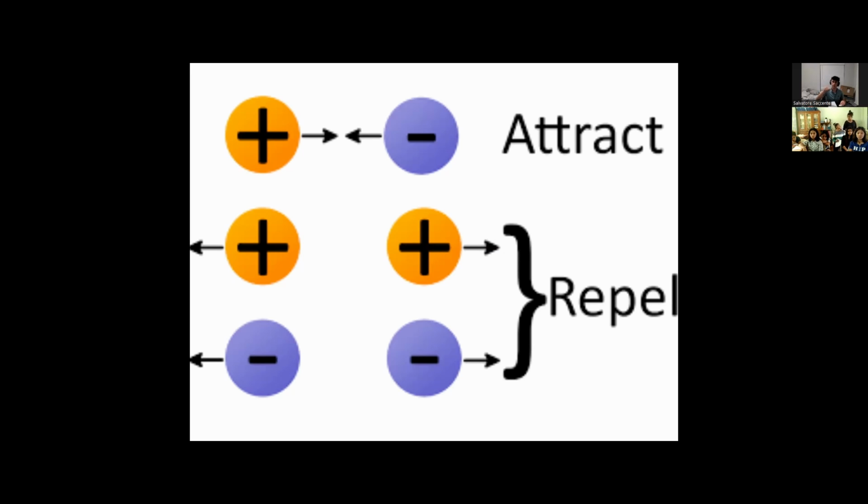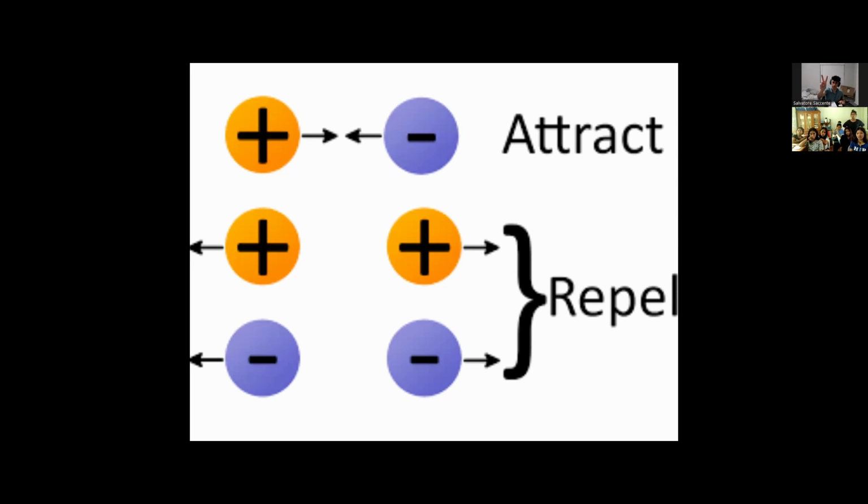The orange is positive. When you have a positive and a negative, they attract each other. Opposites always attract in nature, especially when we're talking about electricity and static electricity. So positive and negative attract. If you have a positive and a positive, they separate.